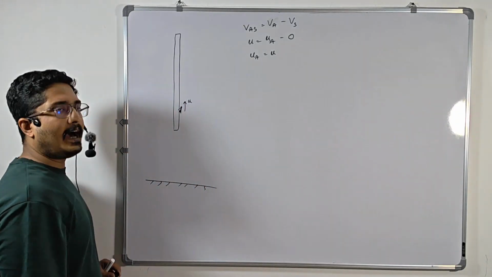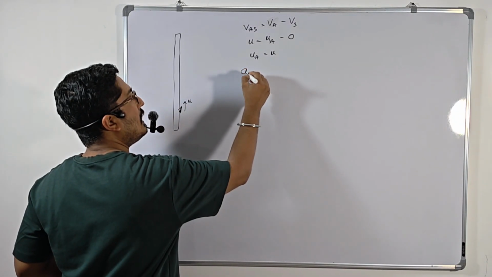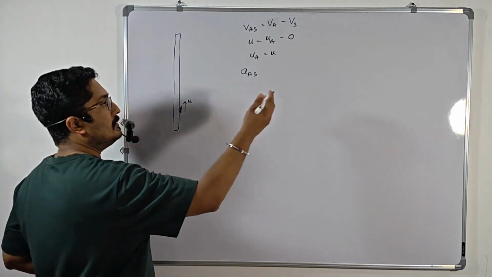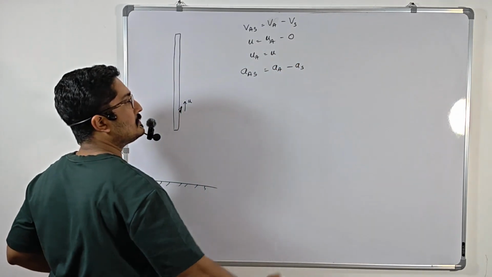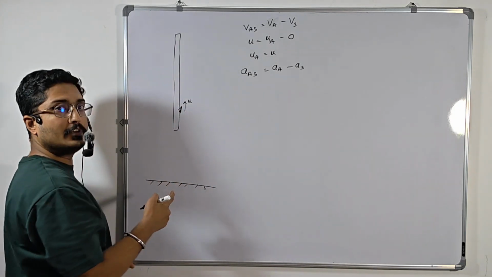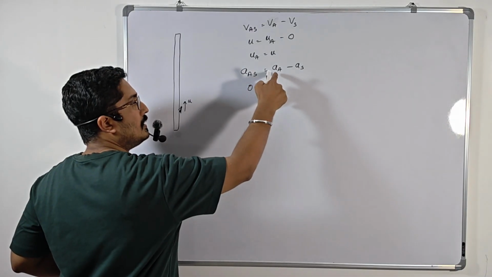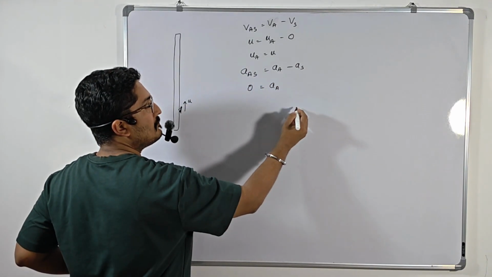Okay, what about the acceleration? That's the next thing. What is the acceleration of the ant with respect to the stick? That is the acceleration of the ant minus the acceleration of the stick. Now, with respect to the stick, the ant is moving with a constant velocity, they said that. So this value should be 0. The acceleration of the ant with respect to the ground we don't know; this is what we are interested in finding.